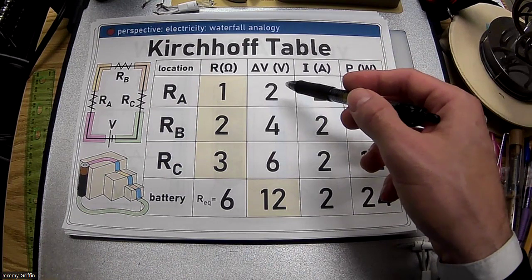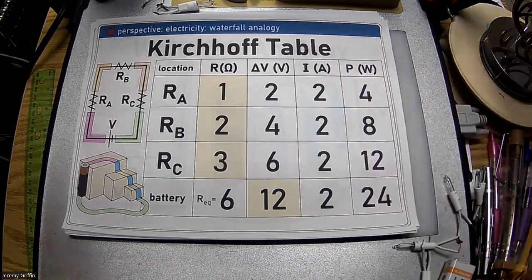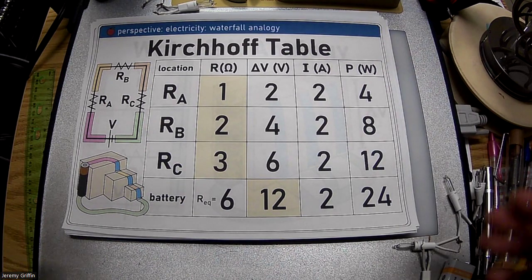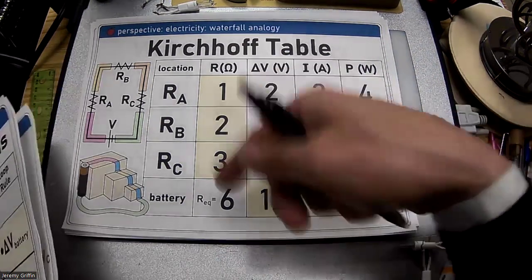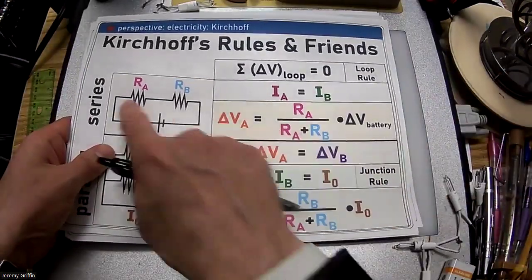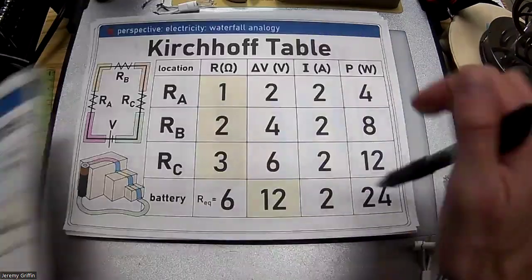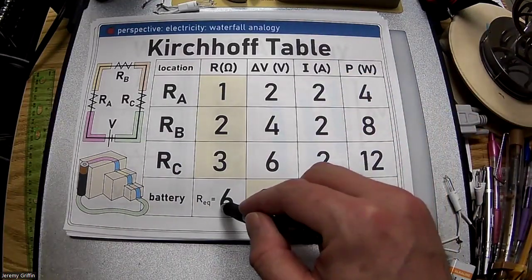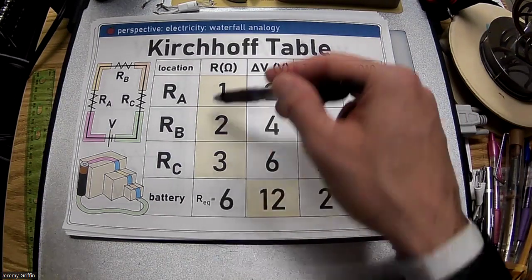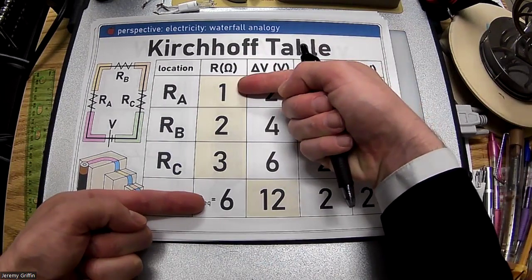Now, voltage. This one's a little tricky to figure out for this particular circuit sometimes. I guess it's kind of like a Sudoku puzzle. Once you know some starting values, everything else becomes determinable. But I'm thinking more like this one right here. So I got a series set up, try to figure out what's the voltage across each one. It's going to be proportional to each one. Well, out of 6 total ohms, 1 ohm is just resistor A. Is that like 1/6 of the total resistance?